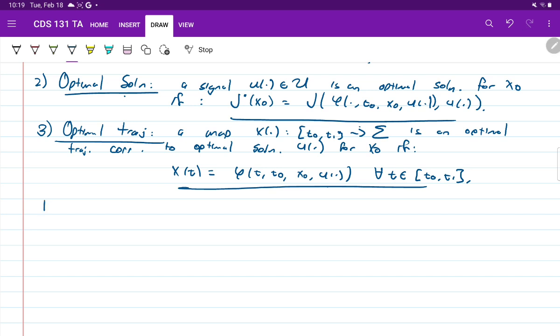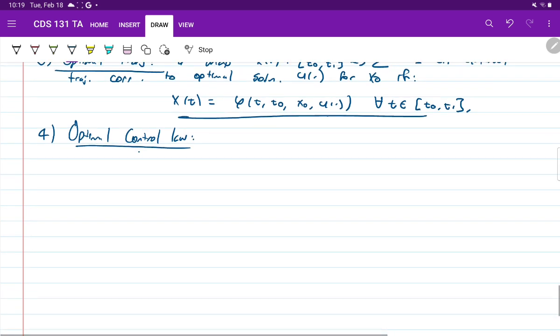All right. And finally, we have an optimal control law. All right, lots of optimality, my gosh. So an optimal control law is a map, K star, which goes from my state space sigma crossed with this time interval, t naught, t1, on which my system's defined, and it maps to my input space U, the input value space.